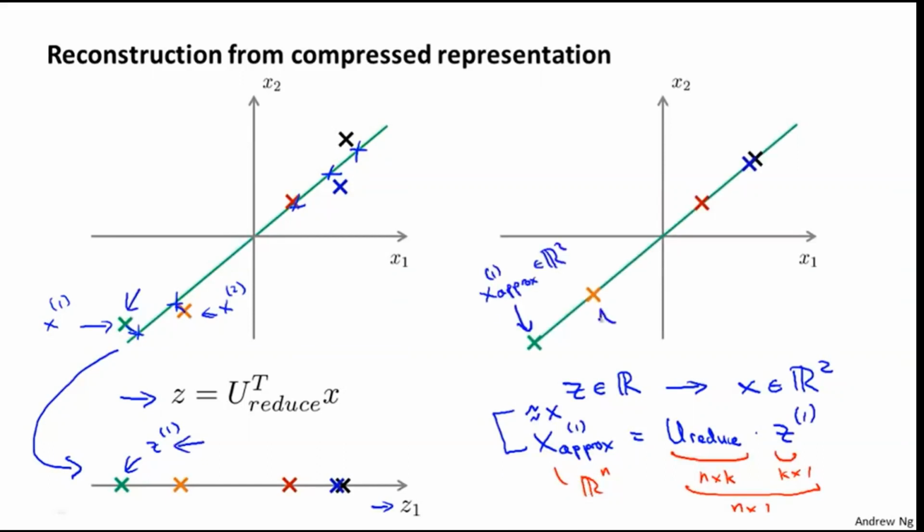And similarly, if you do the same procedure, this would be X2 approx, and that's a pretty decent approximation to the original data. So that's how you go back from your low dimensional representation Z back to an uncompressed representation of the data. You get back an approximation to your original data X. And we also call this process reconstruction of the original data, where we think of trying to reconstruct the original value of X from the compressed representation.